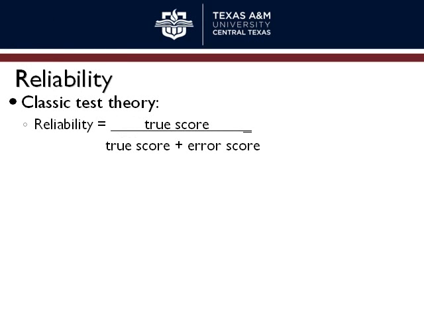So for classic test theory, excuse me, the reliability of an instrument is equal to this kind of proportion, right? Where you imagine that when you're asking somebody a question, there's some score for their answer to that question that is the true score, right? The absolute right answer for them in terms of estimating some level of a construct.